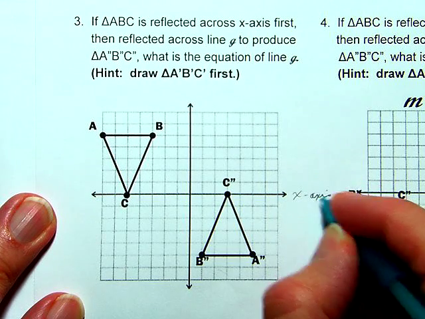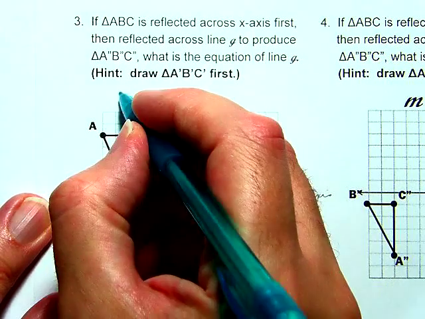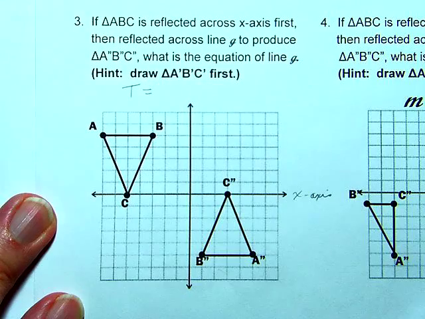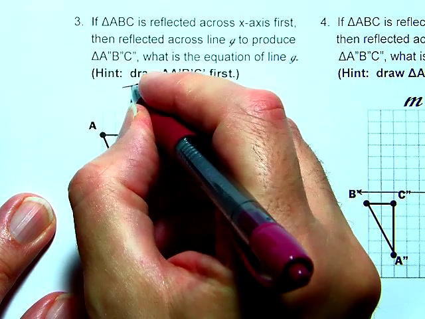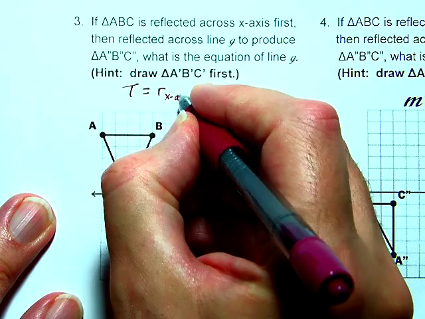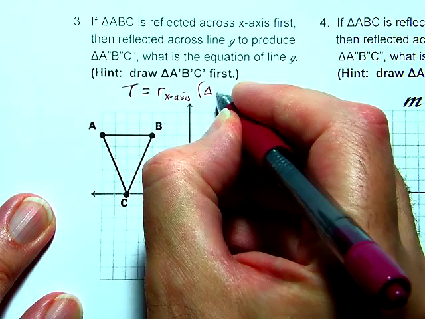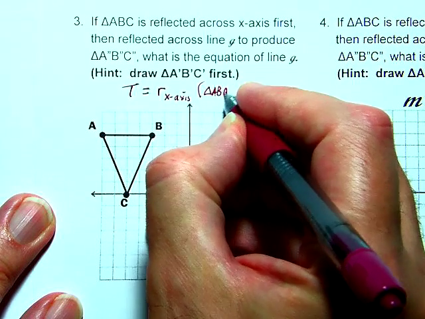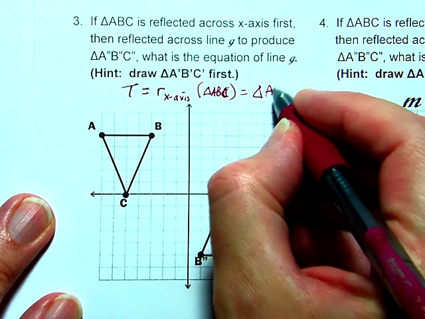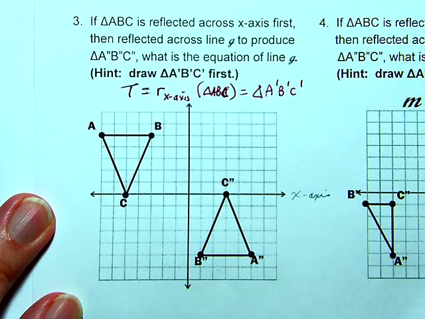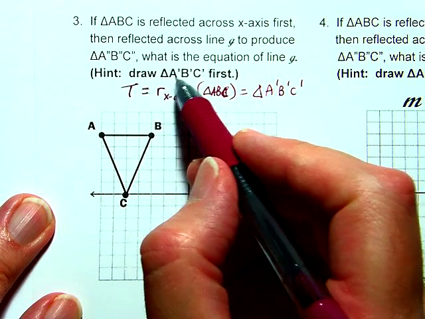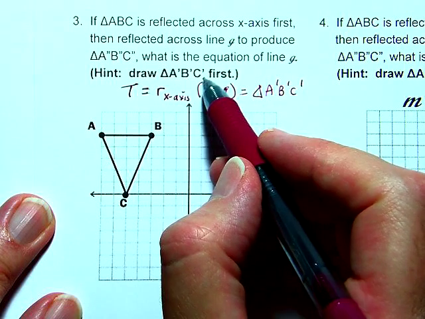And that is going to give us triangle, so we have a transformation which is equal to a reflection across the x-axis of triangle ABC, which gives us triangle A prime, B prime, C prime. We don't see that triangle here because it hasn't been drawn. That's why the hint is telling us to draw triangle A prime, B prime, C prime first.